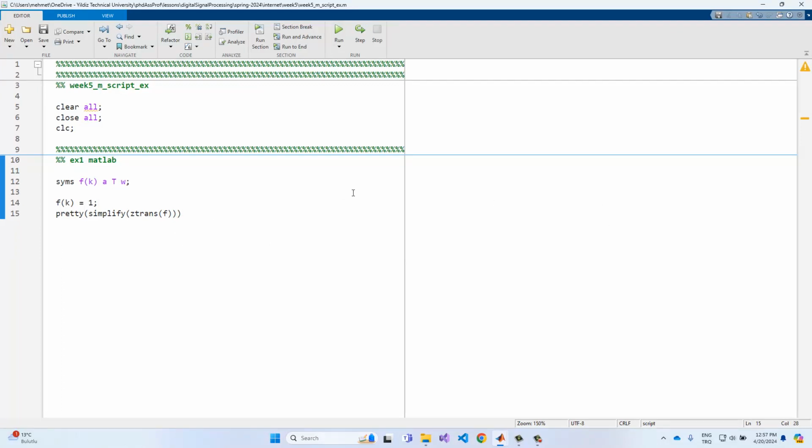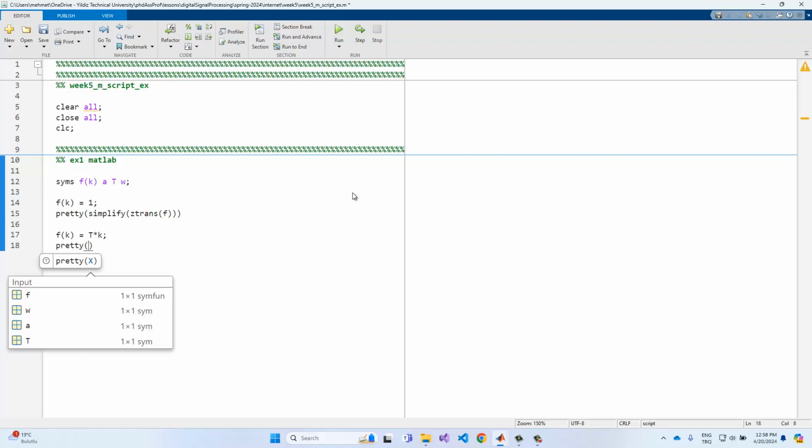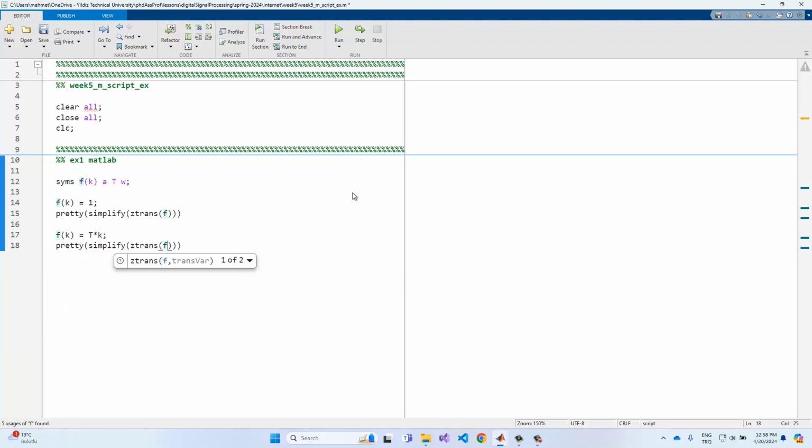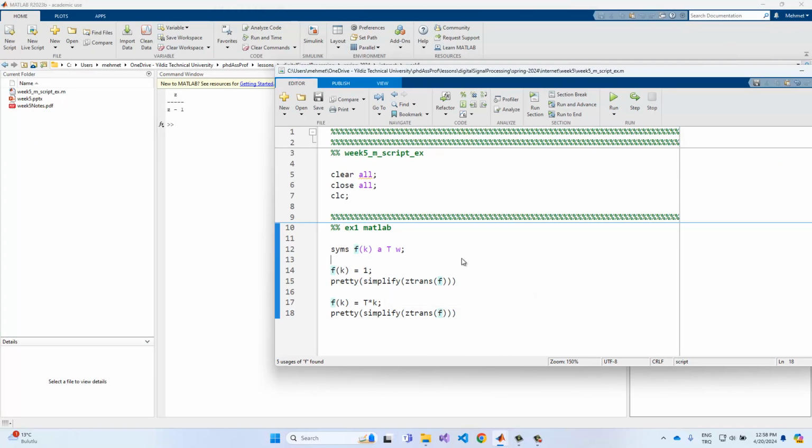Another function which is given is T times k, which is the ramp signal based on the sampling period T. We can use pretty simplify in here, just like this one. The ztrans of f can be written as in here.